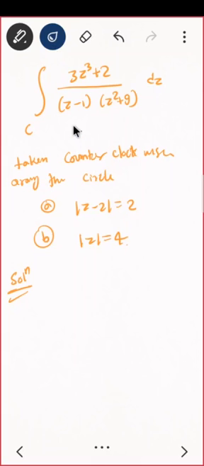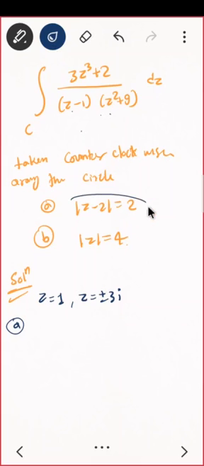Yeah, you have to see this function. Denominator zero, so the roots are z equal to 1, and z square equal to minus 9 means z equal to plus minus 3i, correct? So these are the three roots, and let us do the first one. What is this? Mod z minus 2 equal to 2.